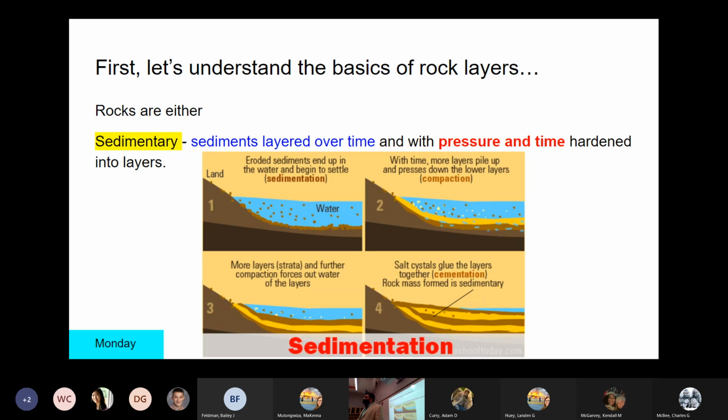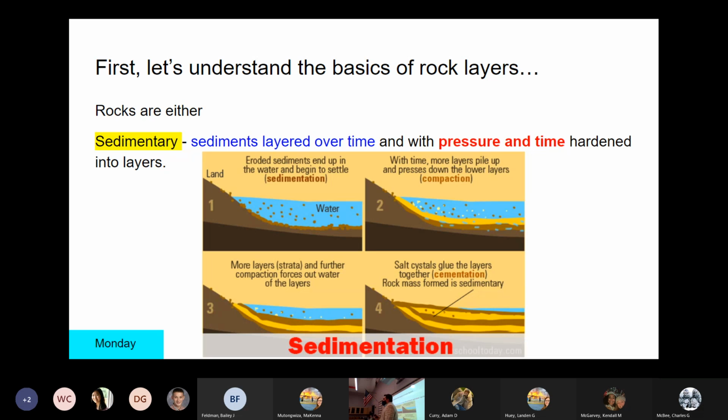Water erodes rock material, and it creates sediment like sand, right? Those sediments will fall down to the bottom, and then more sediment will fall on top, and then more sediment will fall on top. And eventually, between all the sediment and all the water, you get a bunch of weight pushing down on those sediments, and they will undergo what's called concretion.